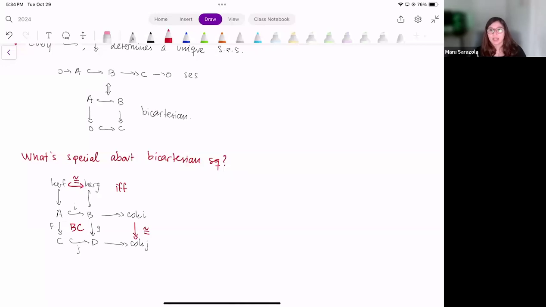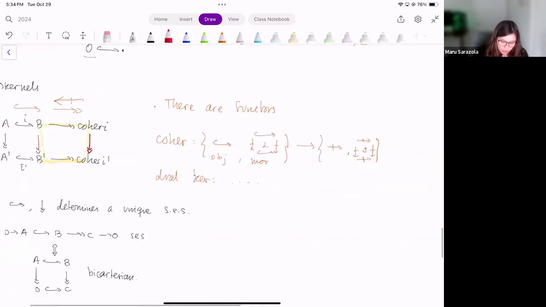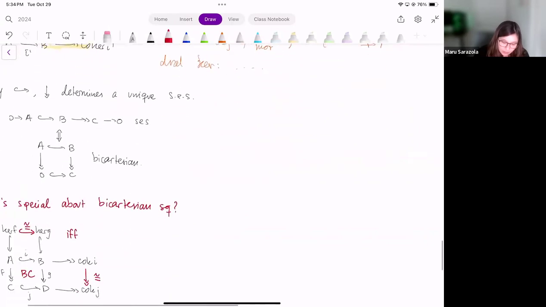So it's possible to characterize bicartesian squares completely in terms of the behavior of the induced map between the kernels and the co-kernels, and those we have introduced, because that's just talking about a horizontal map and a vertical map. So that's how this part of the structure is going to be encoded.